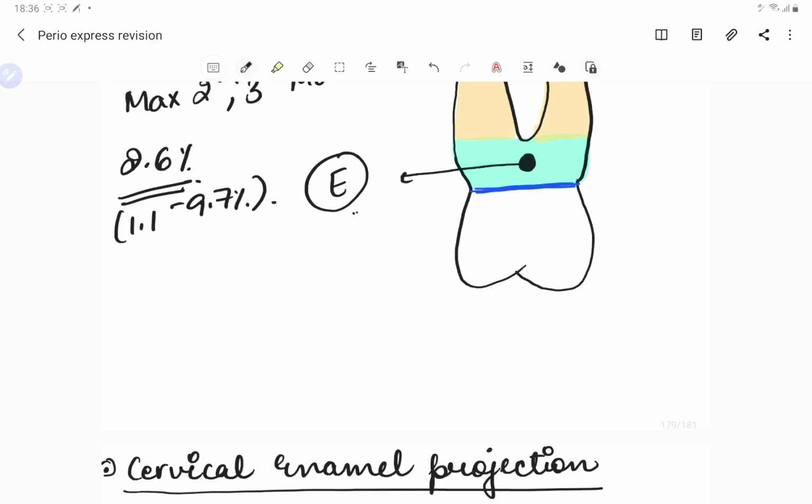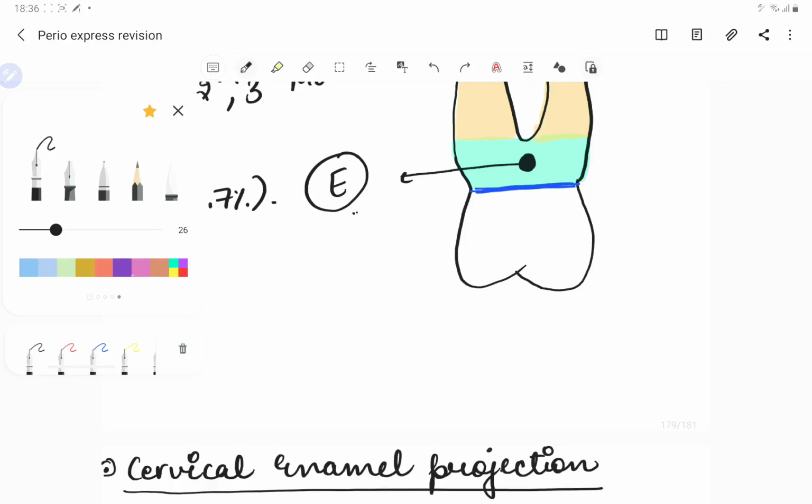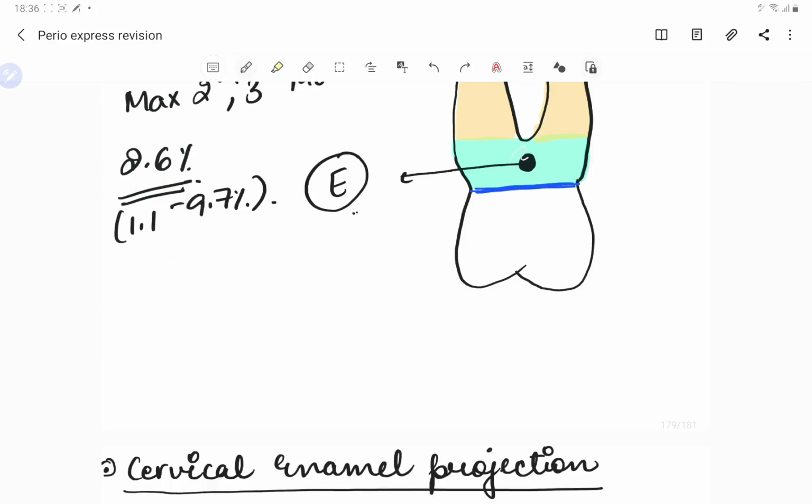Now you have to see it in a bigger picture, guys. If enamel is present, that means there is no PDL. This is the reason that this particular area lacks the periodontal attachment.